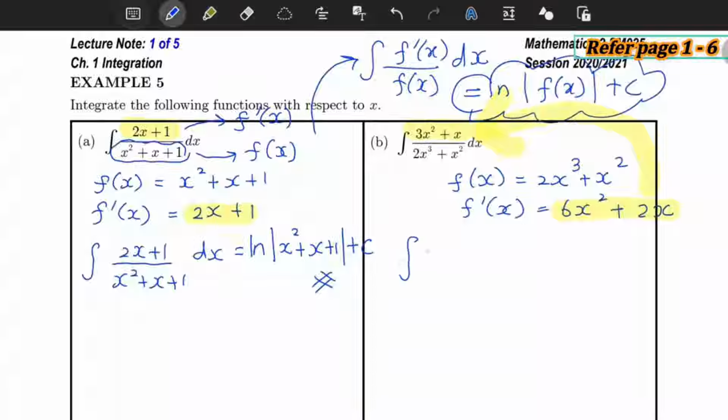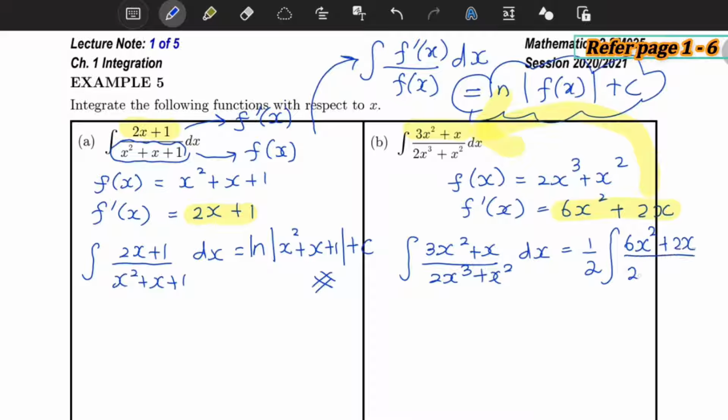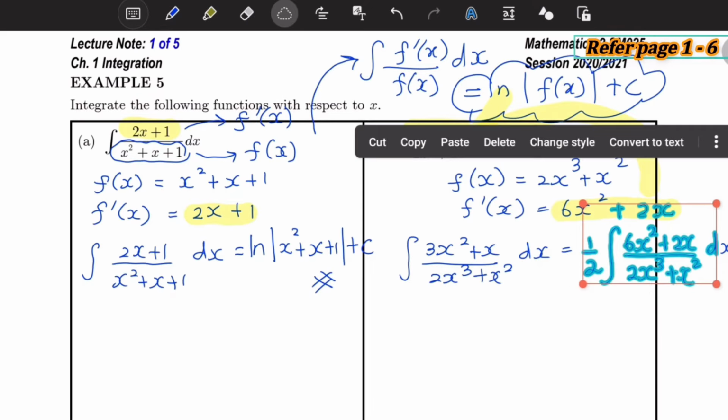So we can write integrate 3x squared plus x over 2x cubed plus x squared dx equals half, because the numerator is half of the derivative, times integrate 6x squared plus 2x over 2x cubed plus x squared dx.